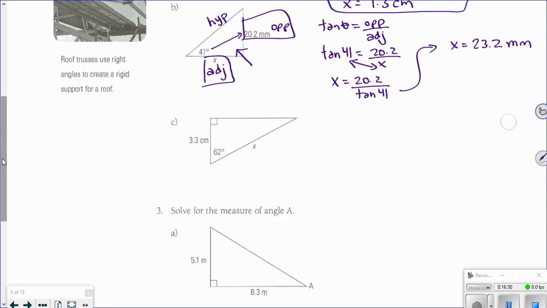We've got a right triangle, starts the same way, assign our sides. So right angle points to the hypotenuse, angle we know points at the opposite, makes our third one the adjacent. In this case, we're talking about hypotenuse and we're talking about adjacent, which makes our formula the cos formula.